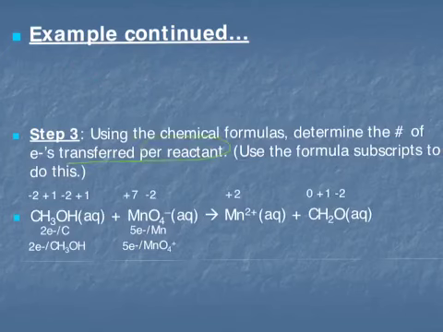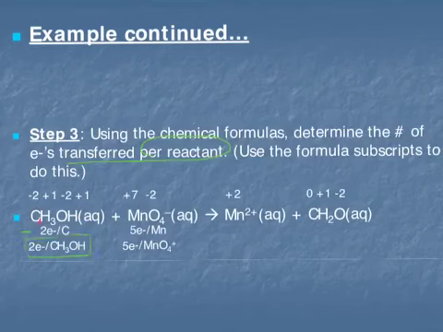We just said that per atom of carbon, 2 electrons are transferred. In the formula for methanol, there is the invisible subscript of 1, 2 electrons per carbon, but there is only 1 carbon, so 2 electrons are transferred per molecule of methanol.